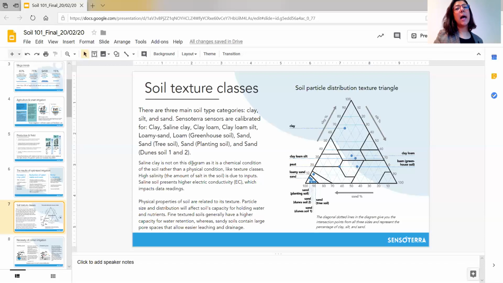The reason why you don't see saline clay on the soil triangle is because saline clay is not considered a physical property of the soil, but more of a chemical condition of the soil. So high salinity, the amount of salt in the soil, is due to inputs. It can be fertilizers, pesticides, or herbicides, or, when you irrigate your crop, the level of salinity in the water.